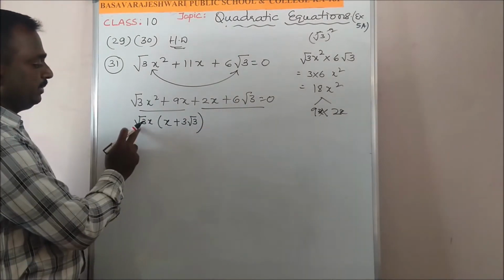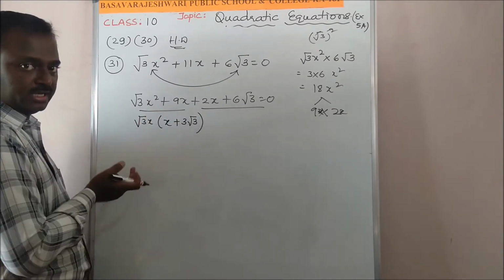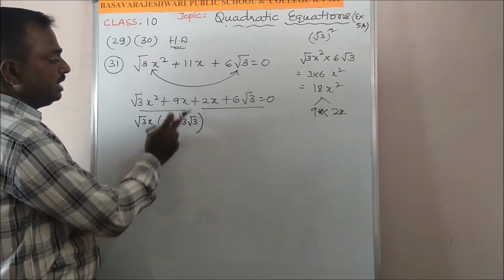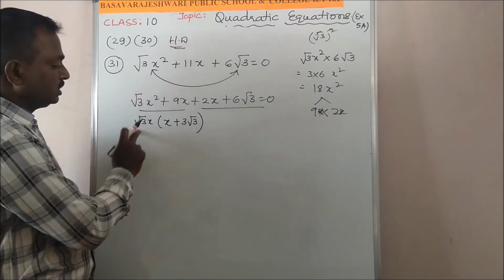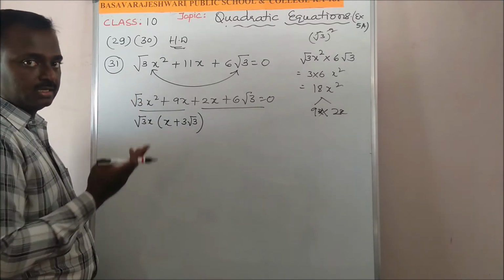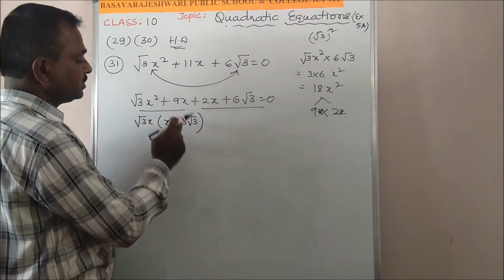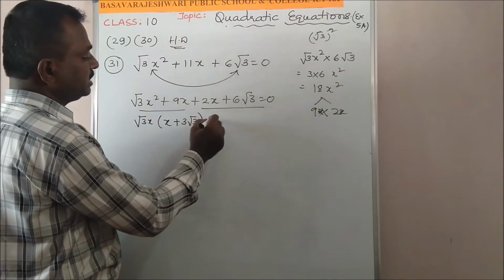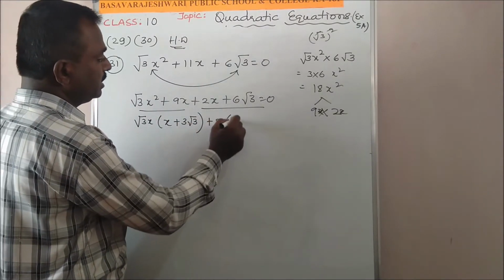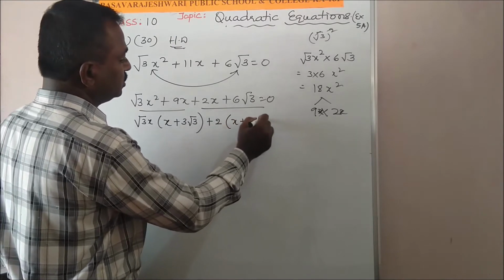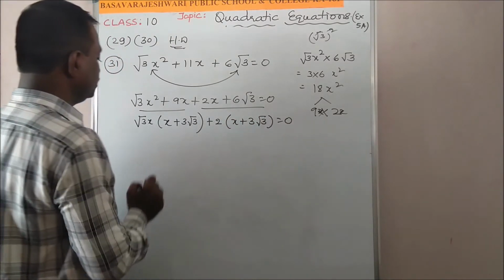Why? If you multiply root 3 into root 3, it becomes 3. And 3 into 3, 9. Correct? Root 3 into root 3, 3. Because root 3 whole square, square and root cancels, 3 remains. So 3 root 3. Plus here 2 common, x plus 3 root 3 is equal to 0.